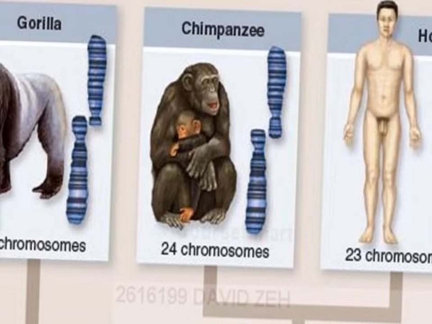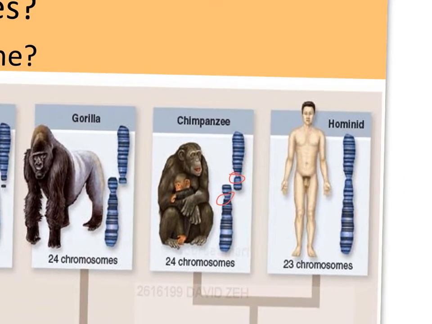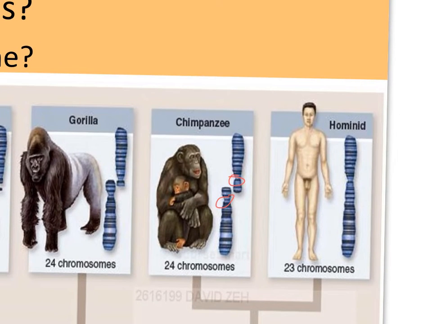okay, each chromosome pair has what's called a centromere, okay? Right here.